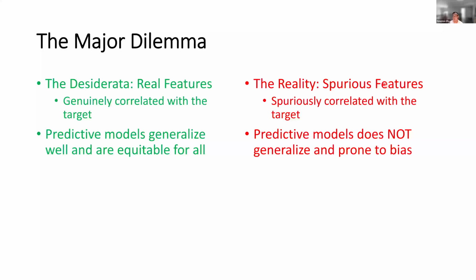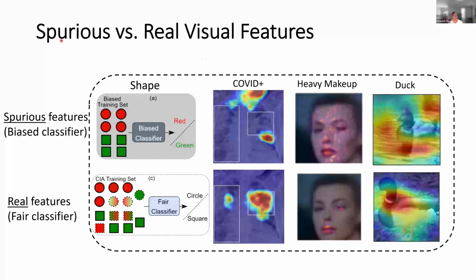Those models are biased. They do not generalize and they promote bias. So that's the dilemma. Here are some examples of what are spurious features and what are real features. The top row here represents the spurious features across different use cases.